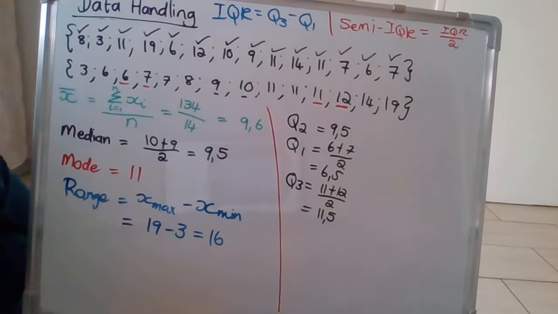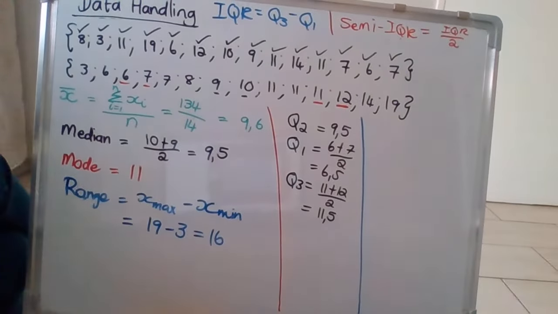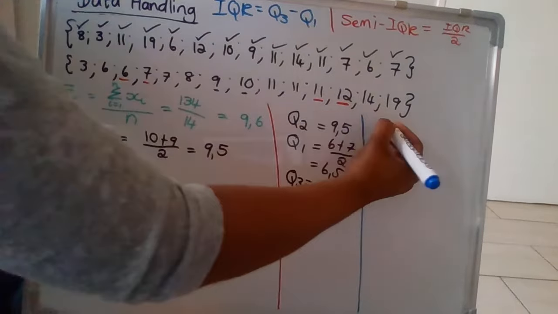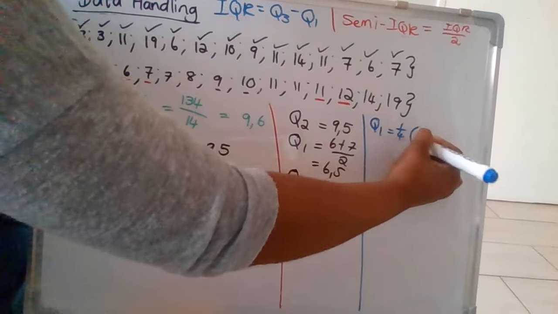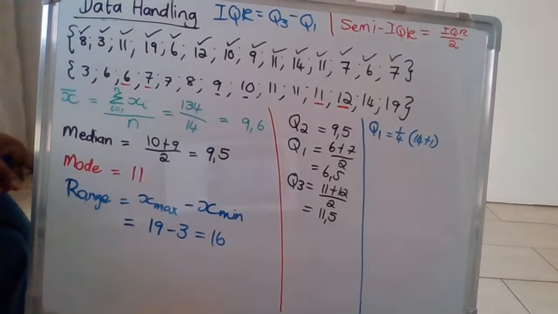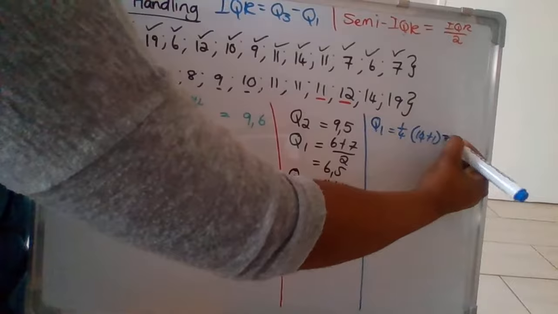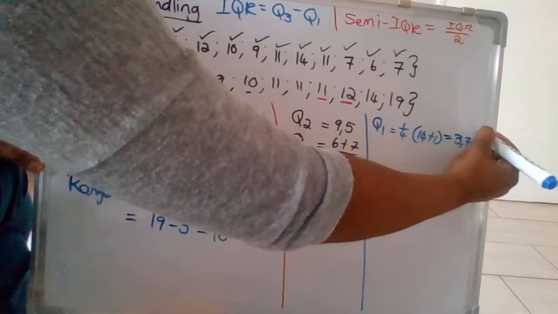The other method now, we're going to use those formulas. Remember, where we say Q1 is equal to a quarter times 14 plus 1, because n is equal to 14. So 15 divided by 4, it tells me that my lower quartile is in this position.